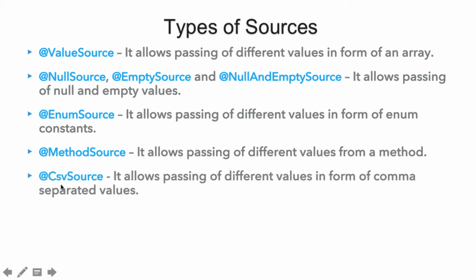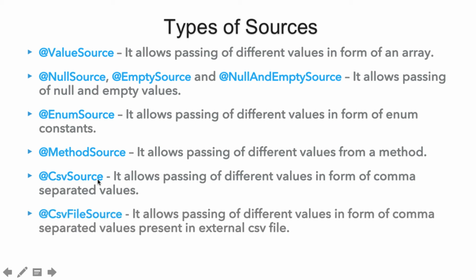The fifth source is @CsvSource. This annotation allows us to pass different values in the form of comma separated values. We can pass different values by just separating them using commas, and inject those values using @CsvSource.